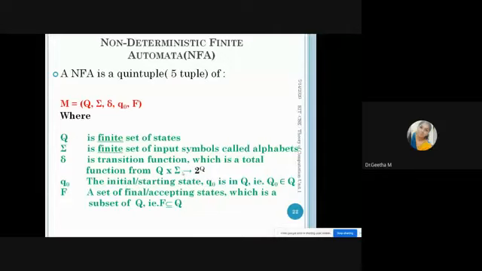So don't confuse DFA and NFA hereafter. DFA is Q cross sigma tends to Q. NFA is Q cross sigma tends to 2 to the power Q.